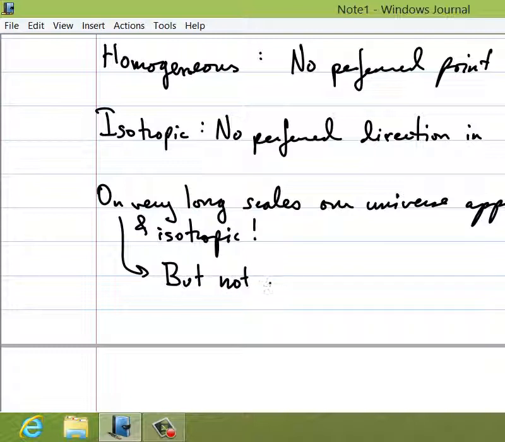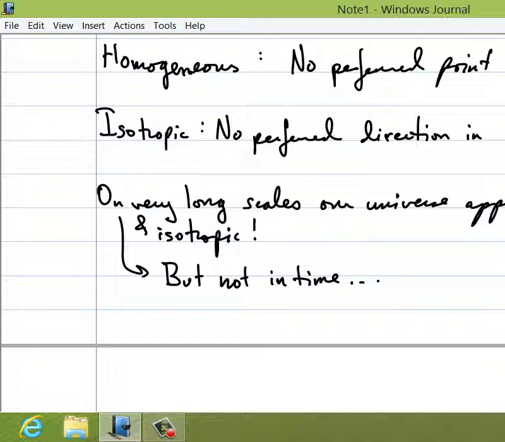So, as we have learned in relativity, space and time can be treated on a roughly analogous footing and can be viewed as different manifestations of one single concept, that of space-time. So you might expect that if the universe were homogeneous and isotropic in space, it would also be homogeneous and isotropic in space-time.